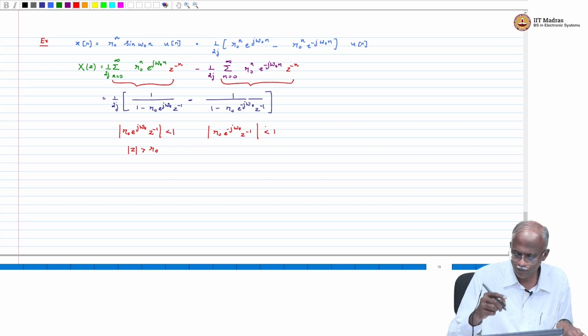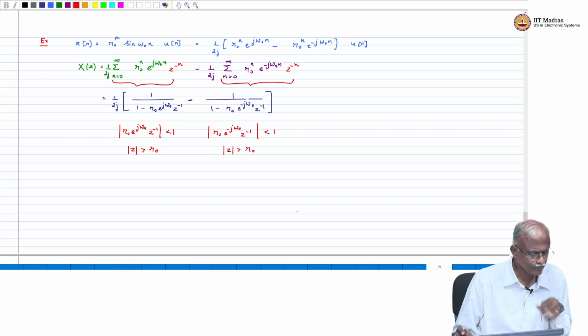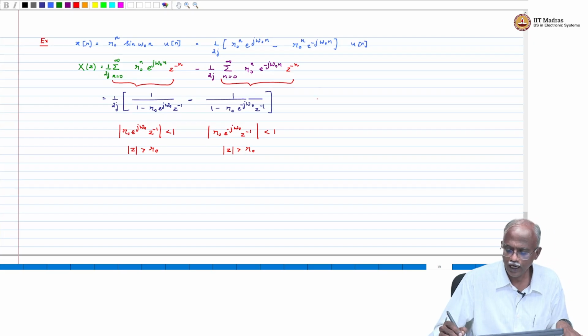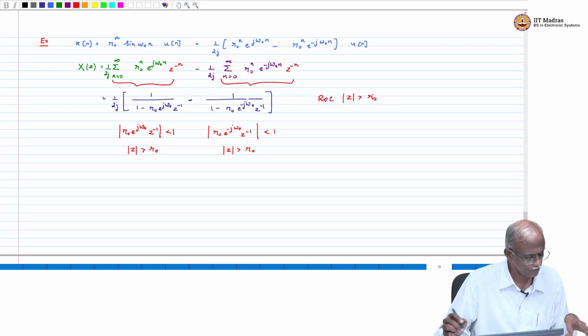This has to be less than 1 for the geometric series to converge. This produces the same condition that mod z greater than r naught. So the ROC is mod z greater than r naught.